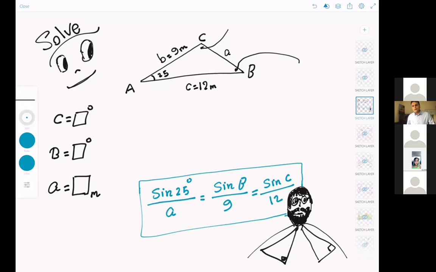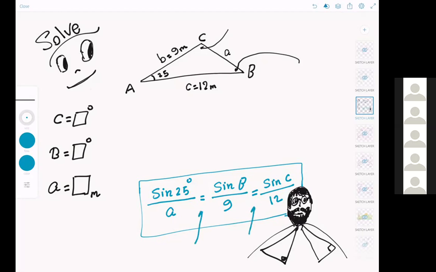Can we use this? By using the law of sine, are we able to solve for A? Jonathan. Edison, can we use the law of sine to solve this? Yeah. No. Yes, the answer is no, because for the law of sine, we have two equal signs, here and here.